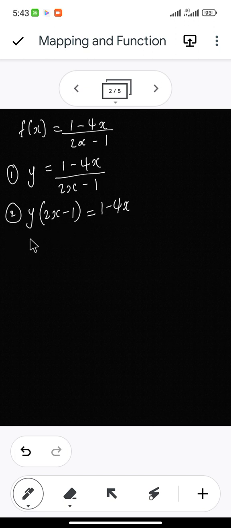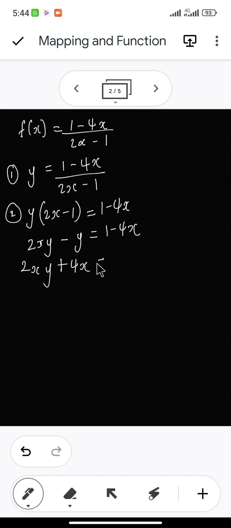So we open the bracket, 2xy minus y is equal to 1 minus 4x. Collect like terms, so 2xy, this crossover becomes plus 4x equal to 1 remains where it is, and when negative y crosses over it becomes positive y.